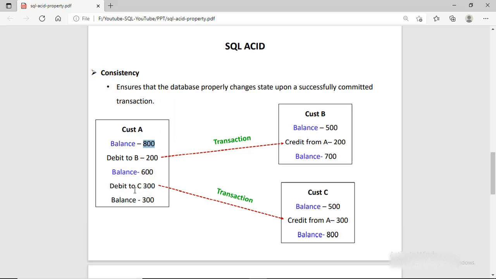Now, debit to C 300. The balance for C is now 800, and for customer A the balance is 300. So you can see the change of the database state must be consistent. Now customer A has a 300 balance, customer B 700, and customer C 800. So this is called consistency in database state.